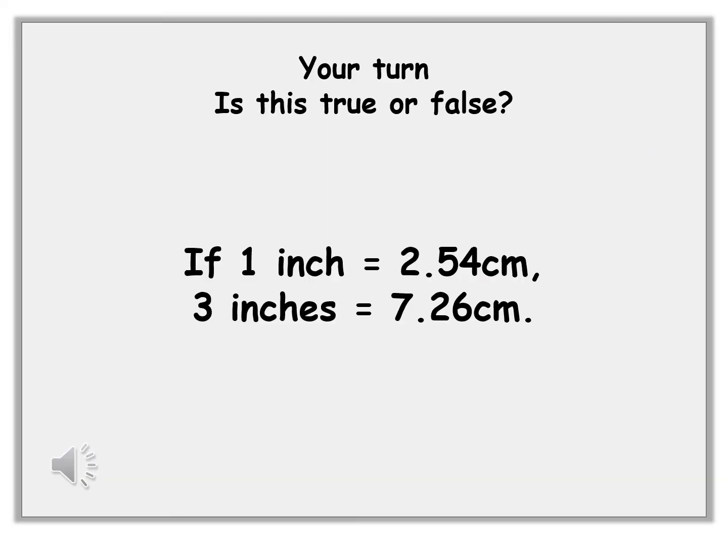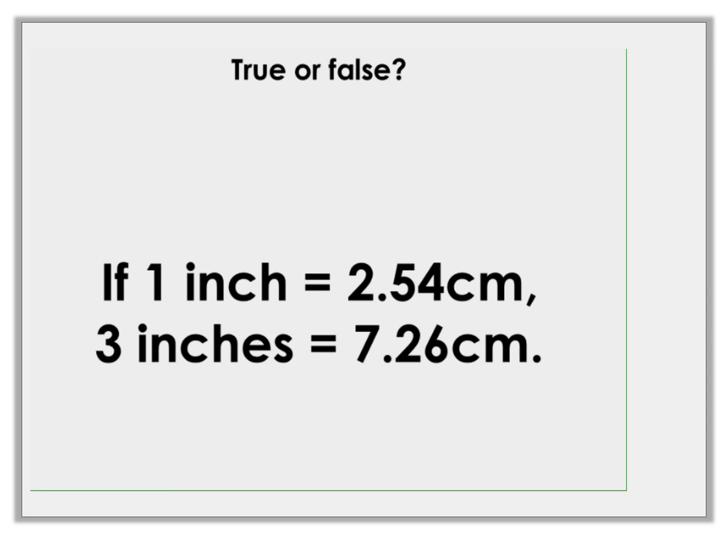Try this one. Is this statement true or false? Use the conversion rate on the screen. Let's have a look. So 1 inch is 2.54 centimetres. This is saying 3 inches is 7.26. Well, let's do 2.54 multiplied by 3.